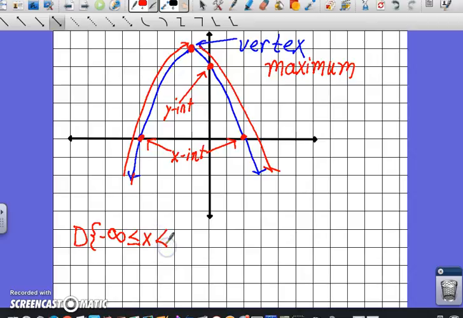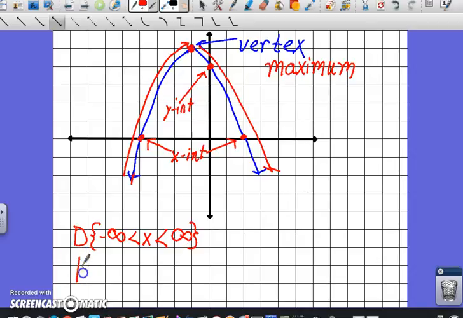Well, it goes, excuse me, it can't be equal to infinity. Okay, so it goes from negative infinity all the way to positive infinity. That means it's going all the way to the left, all the way to the right, so it's going forever in those. So the domain is negative infinity to positive infinity.